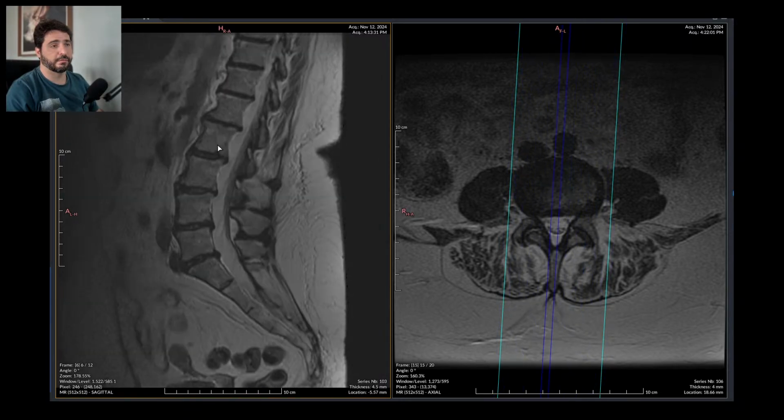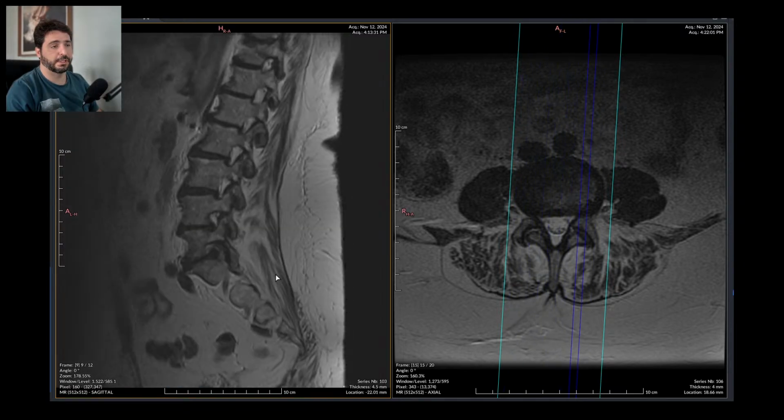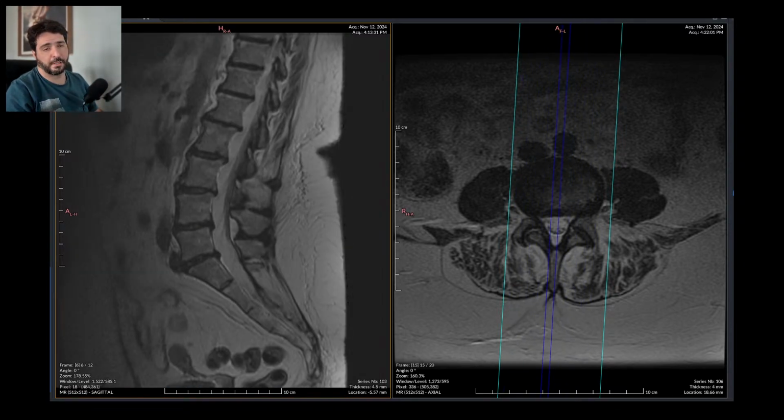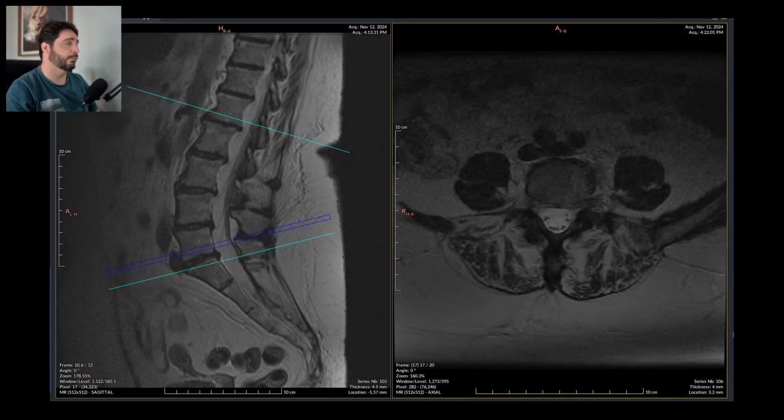So we have diffuse bulging discs from L1 to S1 and extruded components right on the posterior aspects of such discs. This is a very common case of a very old lumbar spine of a very large patient.